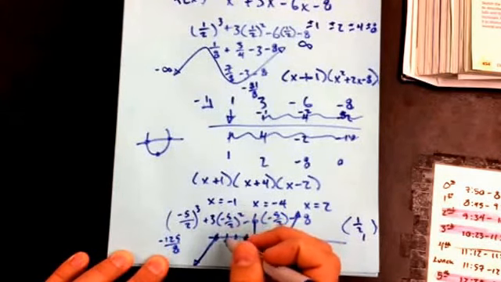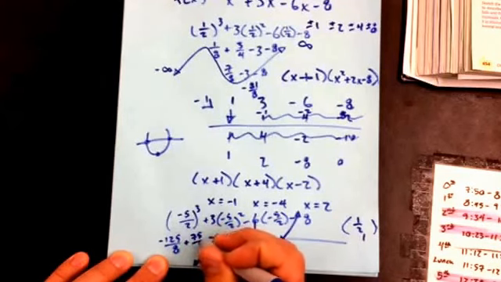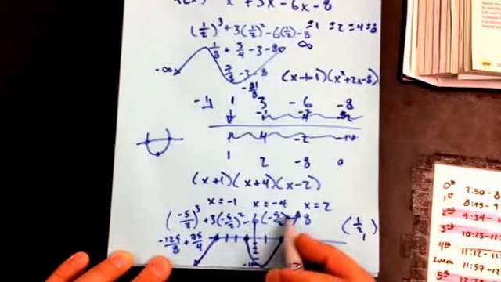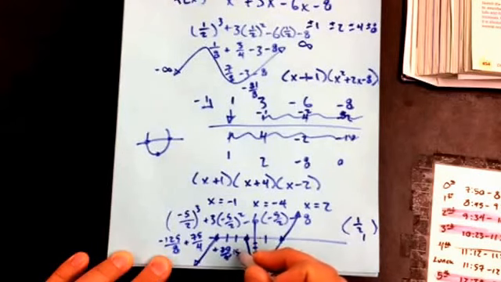This is going to give me plus 75 over 4. This is going to give me plus 30 over 2, which is 15, and then minus 8.